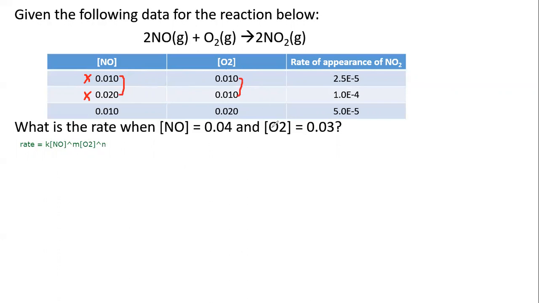So now we can solve for the order of reaction of NO. Set it up. Again, I like to put the set of numbers for the larger one on top. I'm not including O2 because O2 cancels out because it's the same concentration.